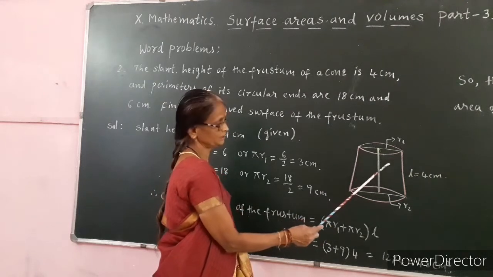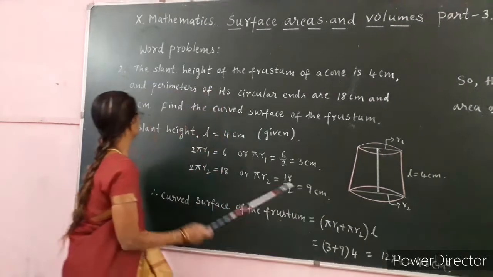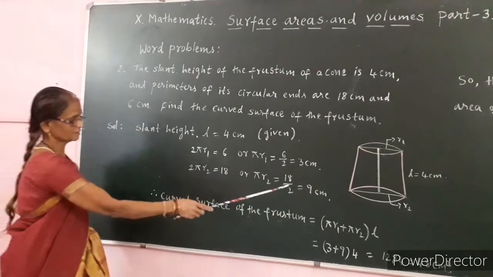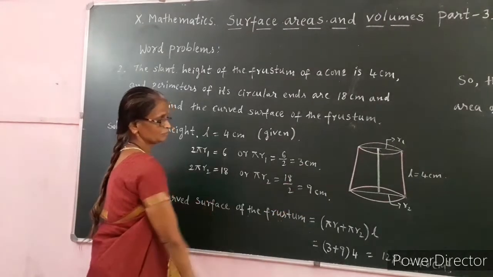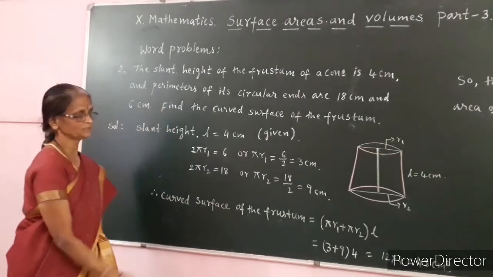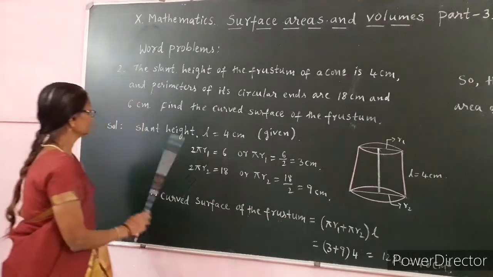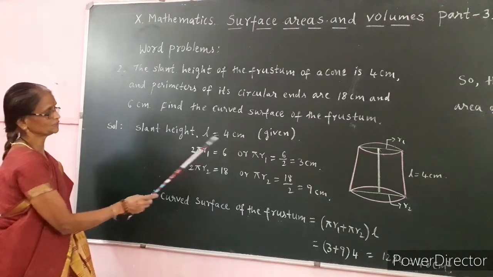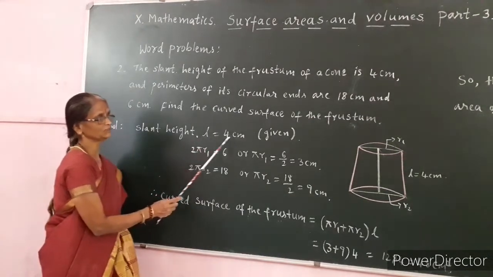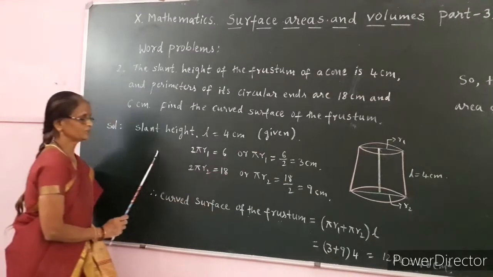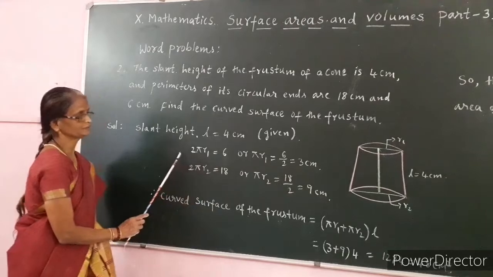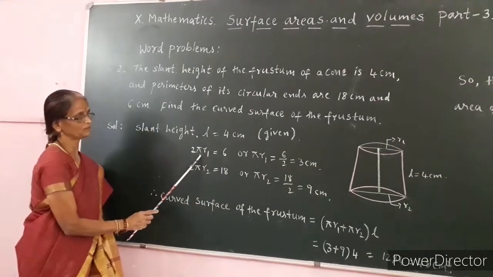That is the outer part, the area of the outer part. We know that the curved surface area of the frustum is pi r1 plus pi r2 into L. Now let's see what they have given. Slant height of the frustum is given, that is L equals 4 centimeter. The perimeter of the upper part and lower part is given, that we denote as 2 pi r1.